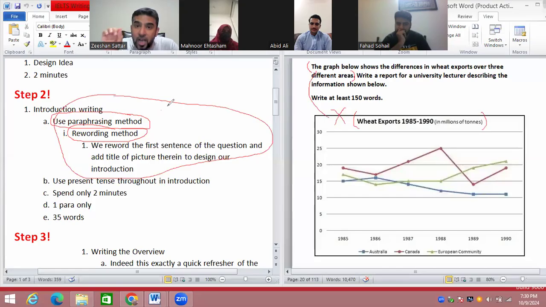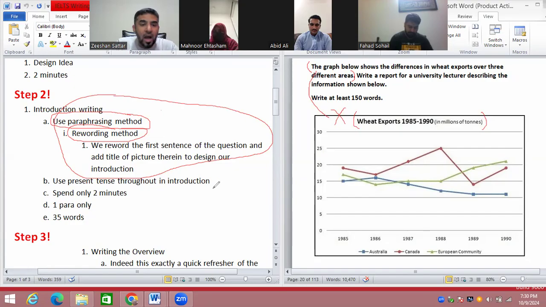We will write it with the paraphrasing method, meaning rewording method. We will reword the first sentence of the question and the title of the picture. We will add the title of the picture in the first sentence of the question, and these 2 combined will design my introduction for a summary.